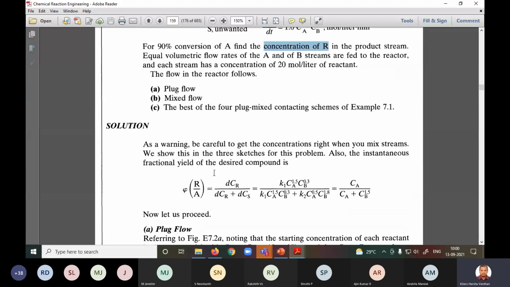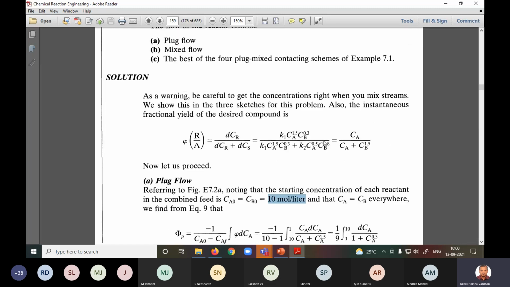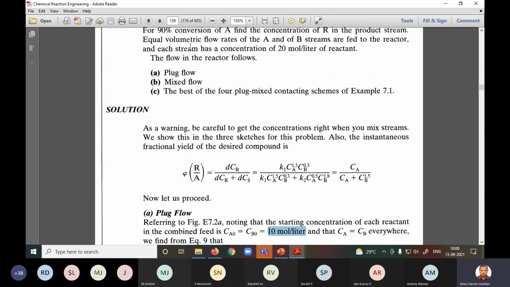From this, you need to calculate the concentration of R for a 90% conversion of A in a plug flow reactor. So let us choose the plug flow reactor. For a plug flow reactor, noting the concentration of the reactant in each stream, in the combined stream Ca0 and Cb0 is 10 mole per liter, and Ca is Cb everywhere because that is what he gave here.